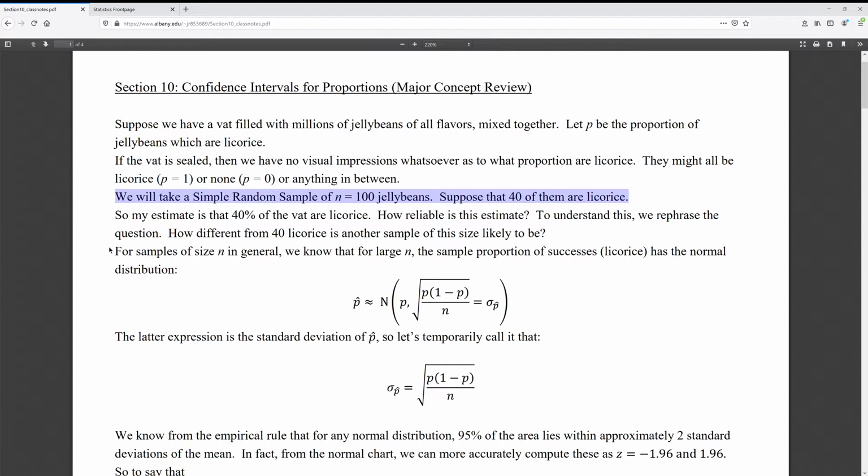What do we know for certain? Well, unless our eyes deceive us and all that, we know for certain that somewhere in the vat there were 40 licorice jelly beans. And somewhere in the vat there were 60 jelly beans that were not licorice. And that is the extent of what we know.